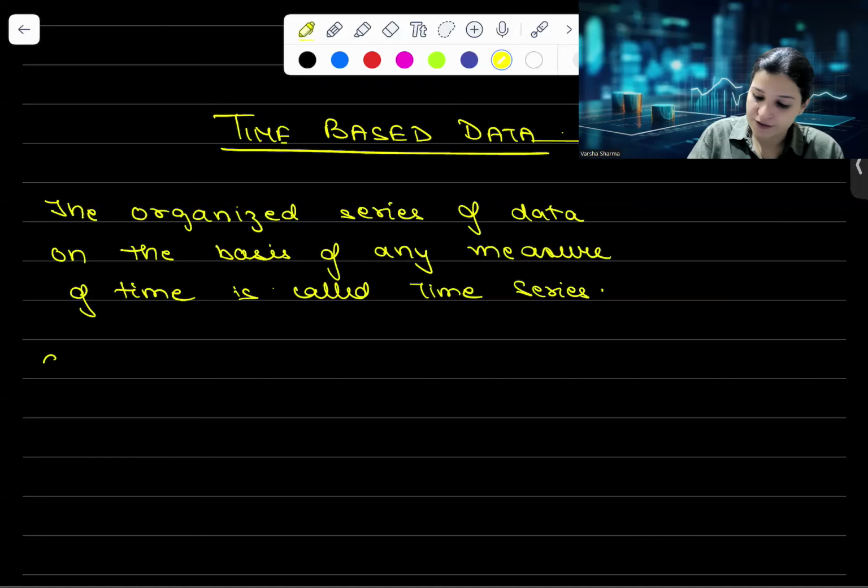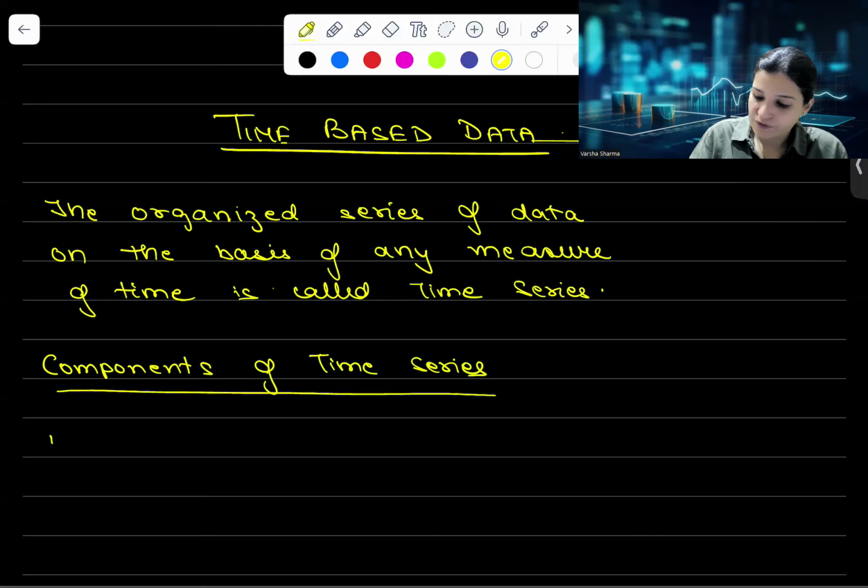Components of time series. How many components are there? Four. Four components.